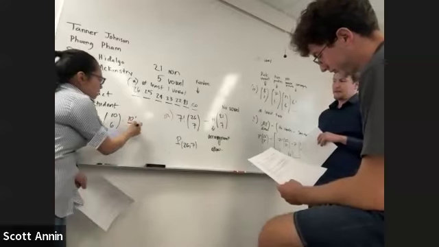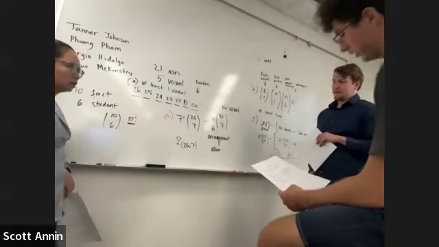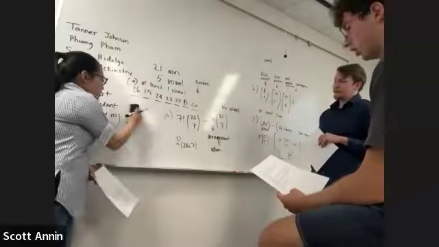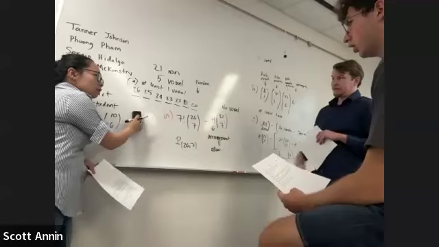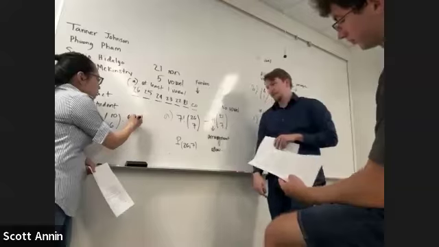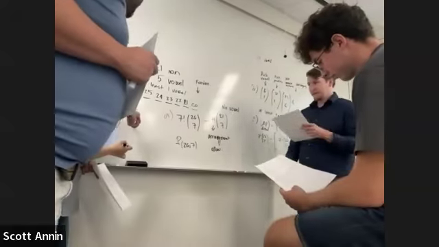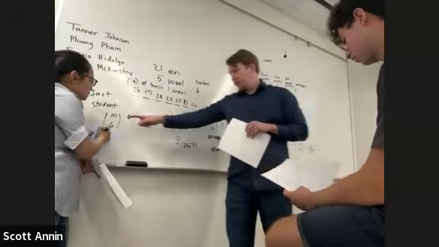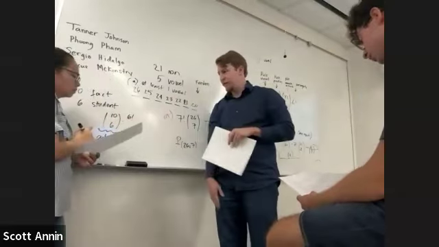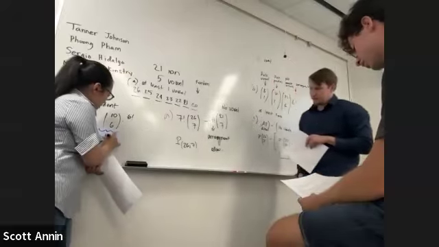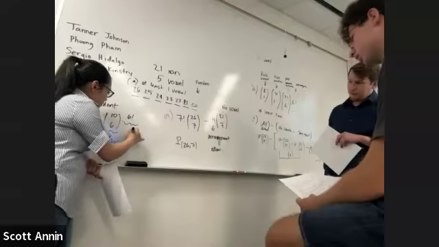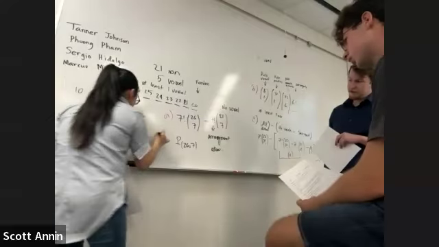Would it be 10 factorial or 6 factorial? It'd be 6, because there's 6 students. Here we're picking the advisors, and once we get the 6 students, we can change around the second student.